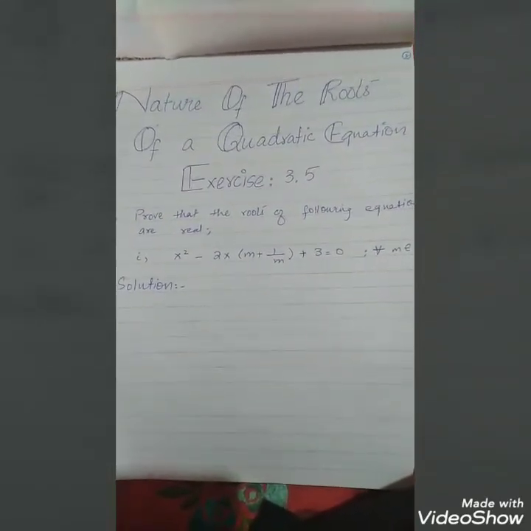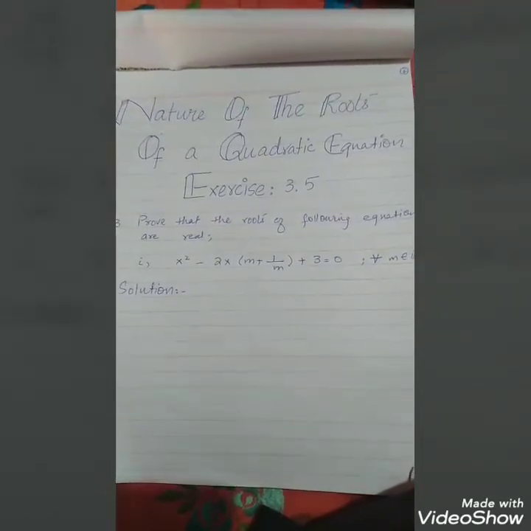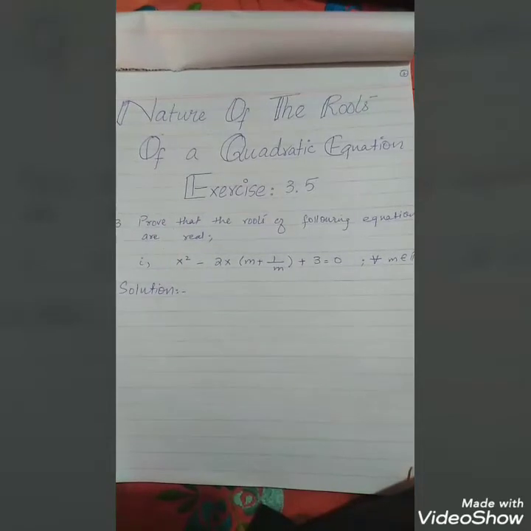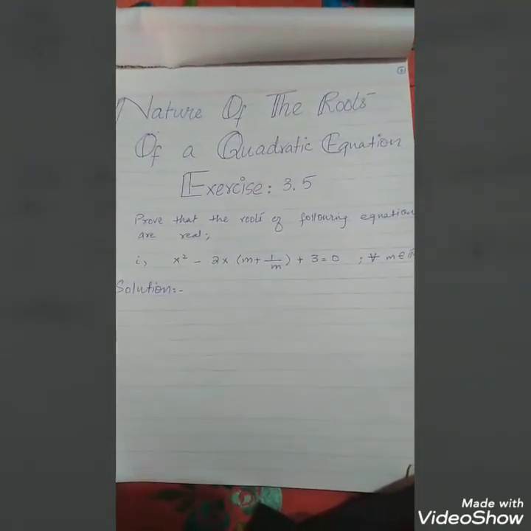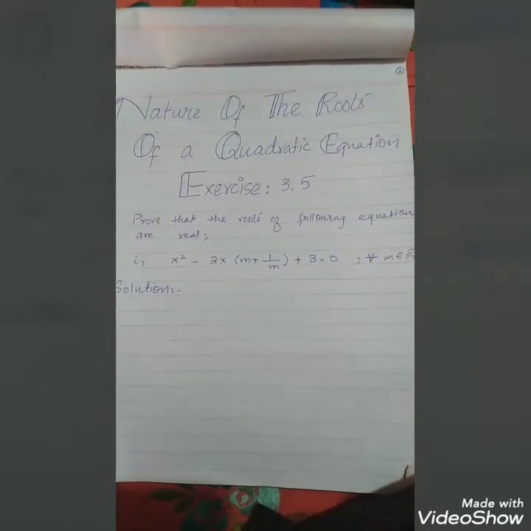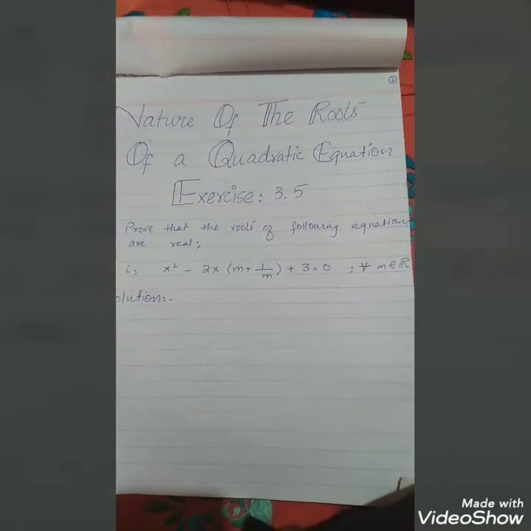Here we can see that the coefficient of x square is 1, so a is 1. The coefficient of the term containing x is minus 2 into m plus 1 upon m, and the constant term, which is independent of the variable x, is 3.